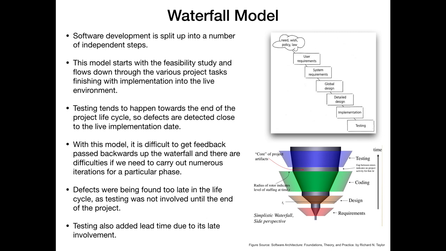This model sometimes starts with the feasibility study and follows down through the various project tasks, finishing with the implementation into a live environment. Now, testing tends to happen towards the end of the project lifecycle. This is a problematic situation, as we defined earlier in Module 1.